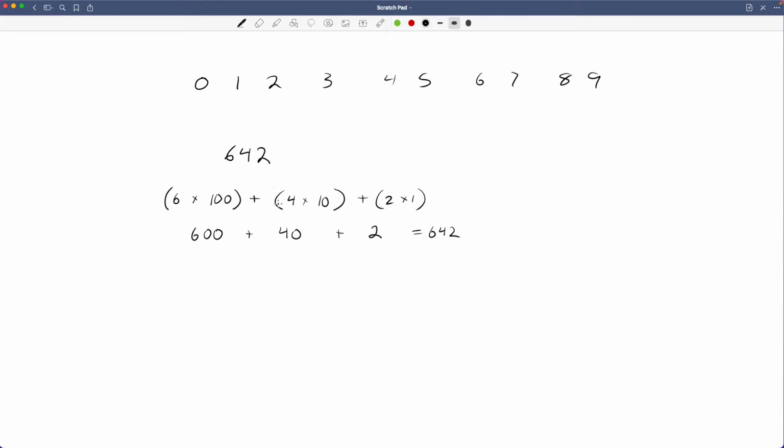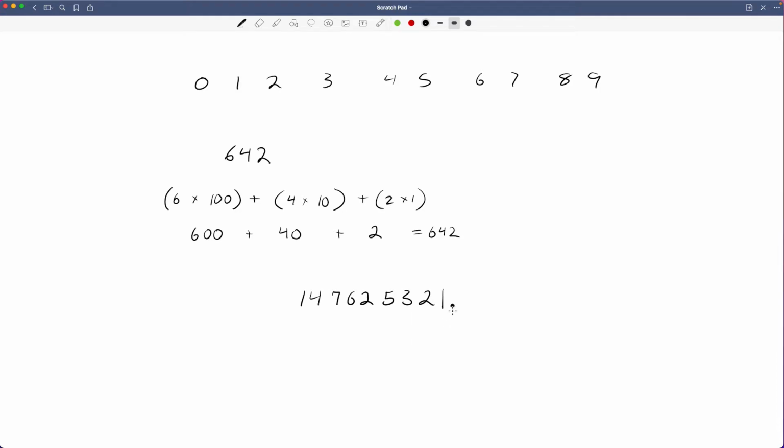Let's say we have a larger number. I'm going to write this down here. As we get to larger and larger numbers, sometimes our digits are repeated. So for instance, I have a 2 here and a 2 here and a 1 here and a 1 here. And we understand that this 1 is greater than this 1 because it is further to the left of the decimal point.